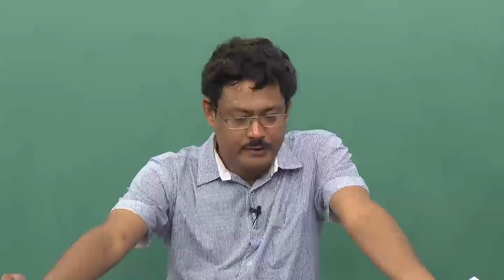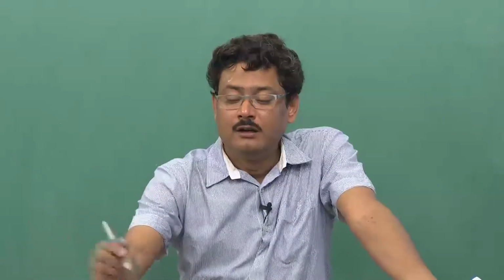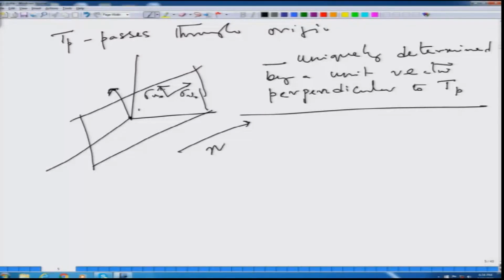Something perpendicular to the tangent plane I should be calling a normal, and I am taking a unit vector, so I should call it a unit normal. But there is a little problem here. I may look at it this way, that this is the vector, but somebody standing on the southern hemisphere may say, not this one, the vector is actually the other one in the opposite direction.